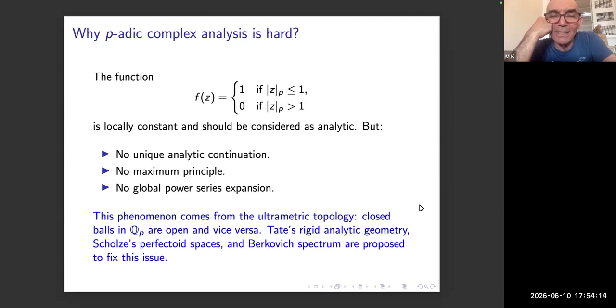So the idea is the following. You see, what you really want to do is a theory of complex analytic spaces over p-adic numbers, basically like complex manifolds, and then you want to do something like Hodge theory in this p-adic world, because we know that complex manifolds are much more beautiful than ordinary manifolds, they have much more symmetry.